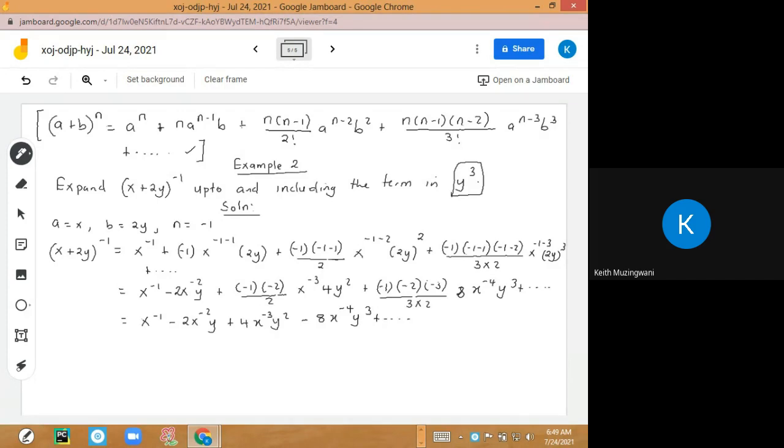So we have first identified what our a is in the question. If we compare the two, a will be x, b will be 2y, and n will be negative 1. Then you go back in the same and substitute in that order. So we have (x + 2y) to the power negative 1, which is n, is equal to, instead of having a power n, a is x, n is negative 1. So we'll have x to the power negative 1. All right. Plus, okay, good.